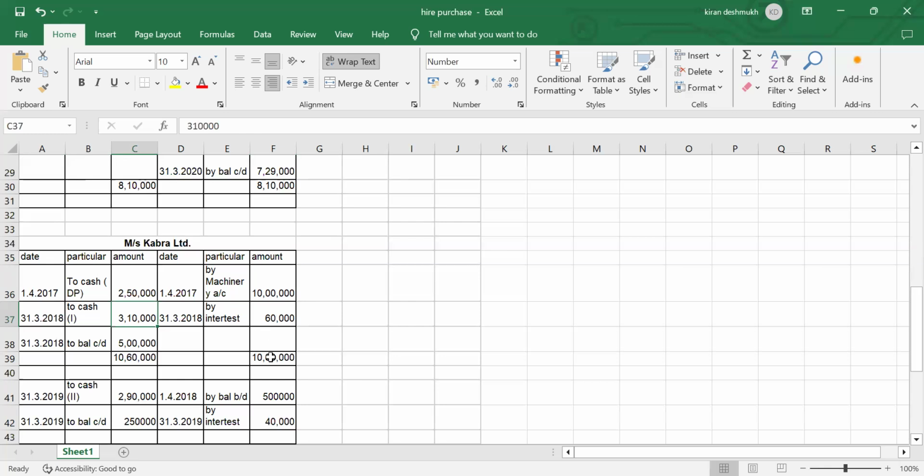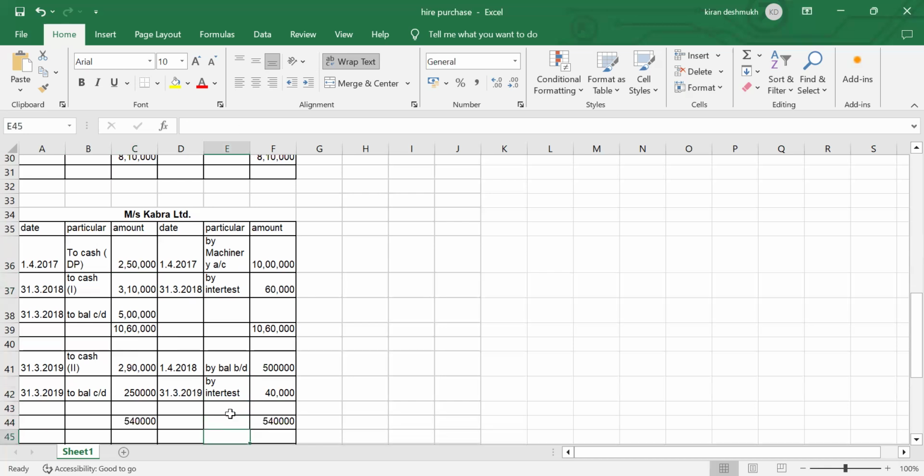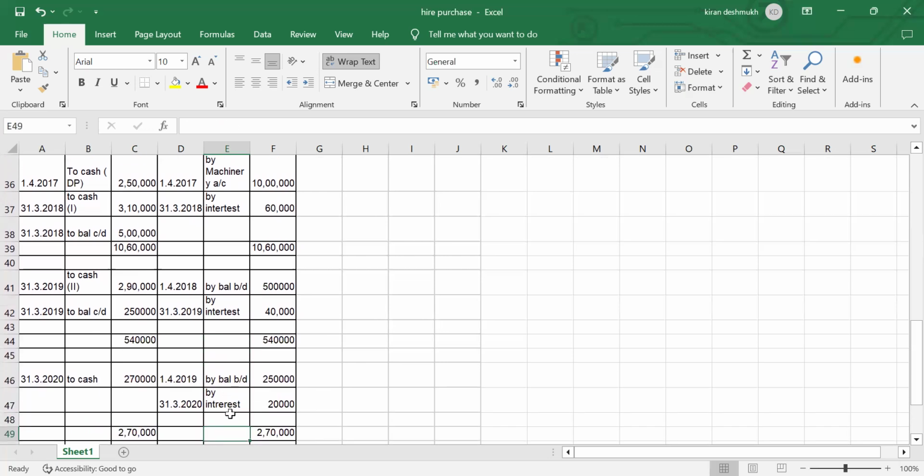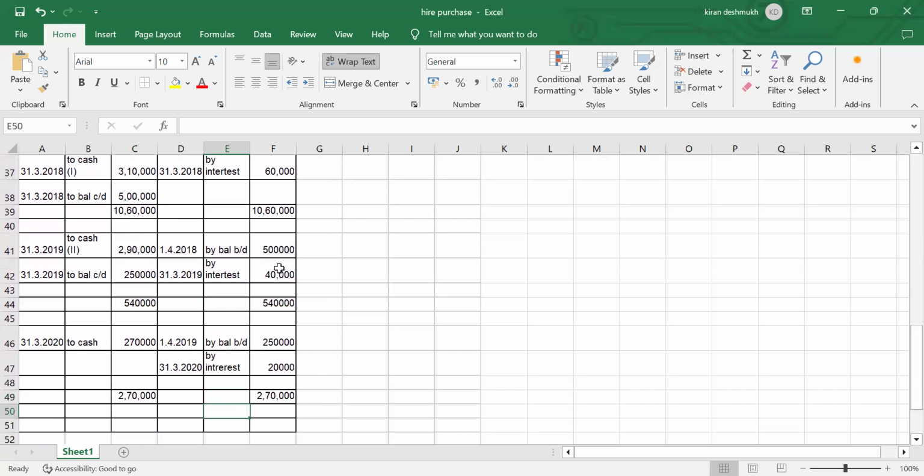Once you will tally this account, 10,60,000 will be recorded on both the sides, and 5 lakhs will become the closing balance. This closing balance of 5 lakh will be transferred to the next period, which is recorded as a balance brought down for rupees 5 lakhs. For the second year, interest due entry will be recorded for 40,000.